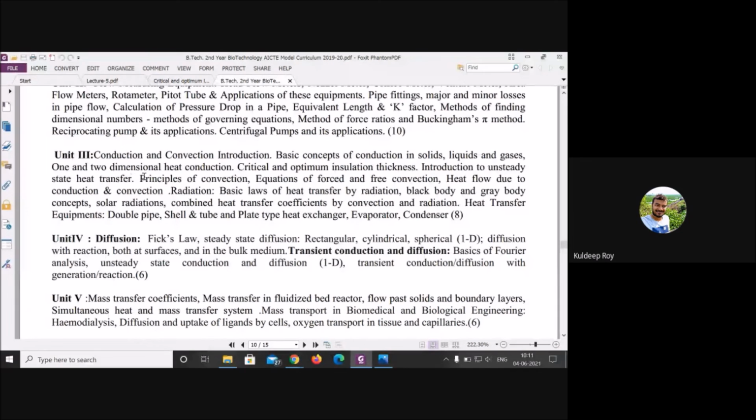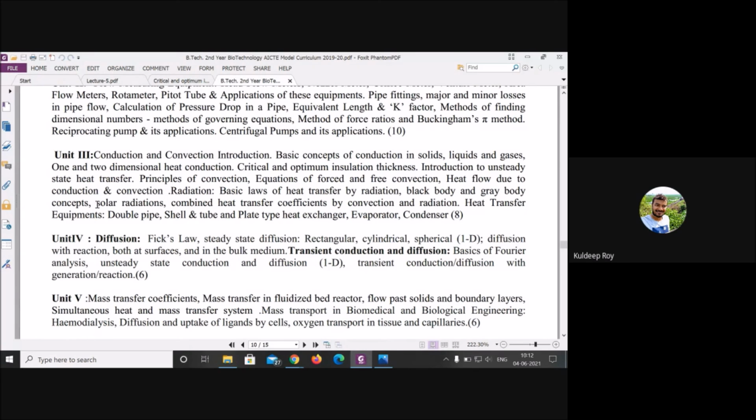Okay, principles of convection, we have finished convection. Newton's law of cooling is there, na? That Q is equal to HA del T. The equations of forced and free convection, everything is finished. Heat flow due to conduction and convection, we have already talked about. Radiation, the basic laws of heat transfer by radiation, black body, gray body concept.